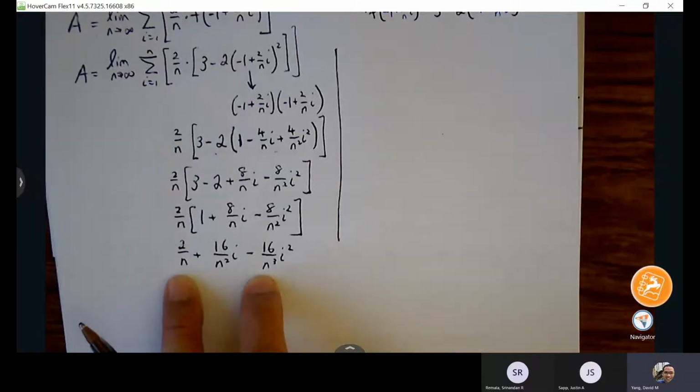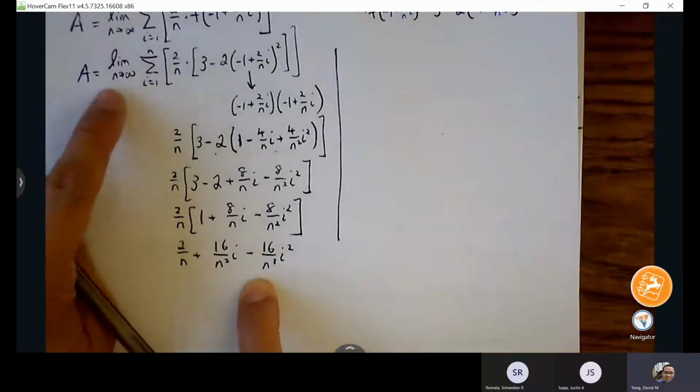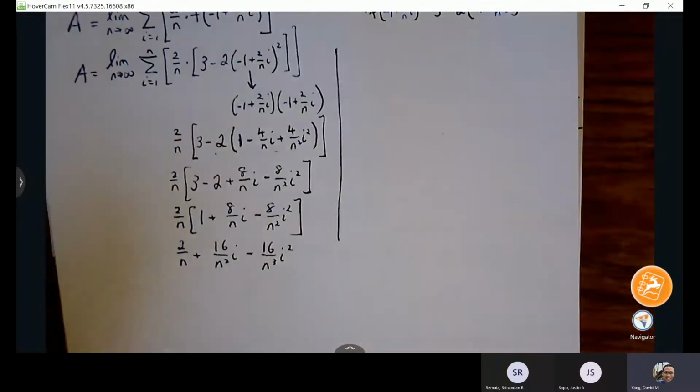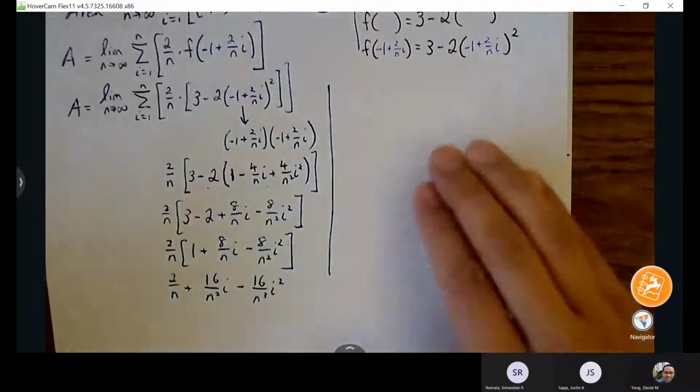Okay, so now everything is cleaned up, all the parentheses resolved, all the like terms combined. Now we can involve the summation and then the summation formulas.